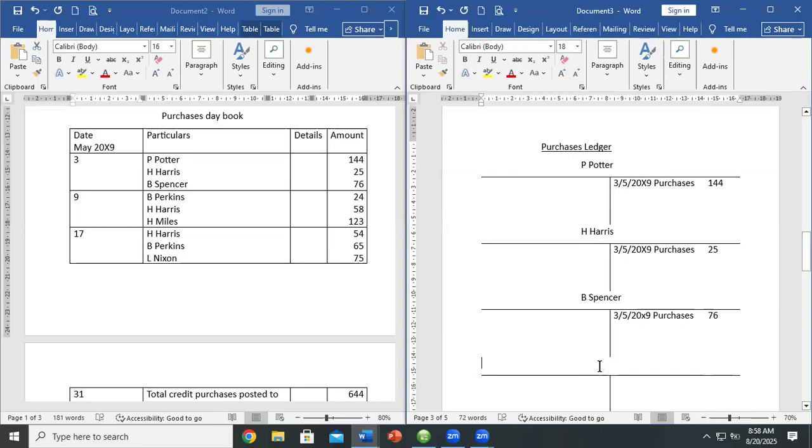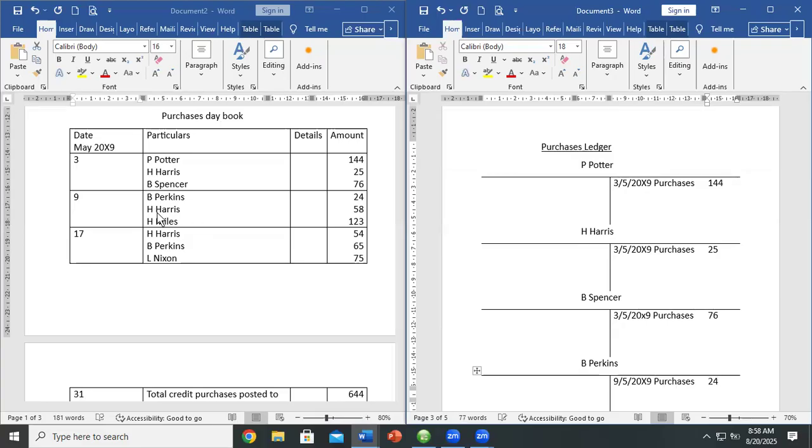Okay. Please, who is having a challenge so far on the postings that we are doing? So B Perkins, that's on the 9th May 20X9. Purchases. Put the amount 24.